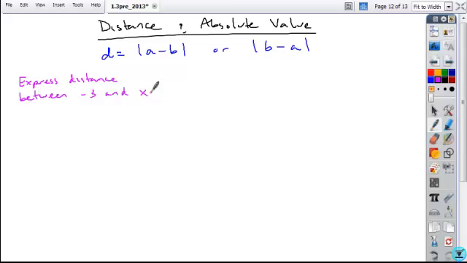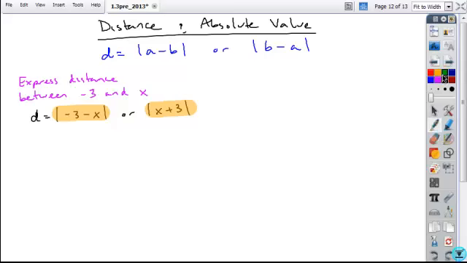So if you wanted to use absolute values to express the distance between -3 and x, your distance is simply going to equal the absolute value of the difference of these coordinates. So either |-3 minus x|, or |x minus -3|, which becomes |x + 3|. It doesn't matter which of these you use; they would both be acceptable answers.